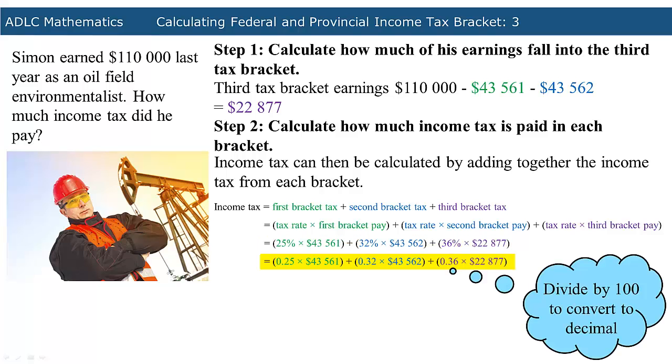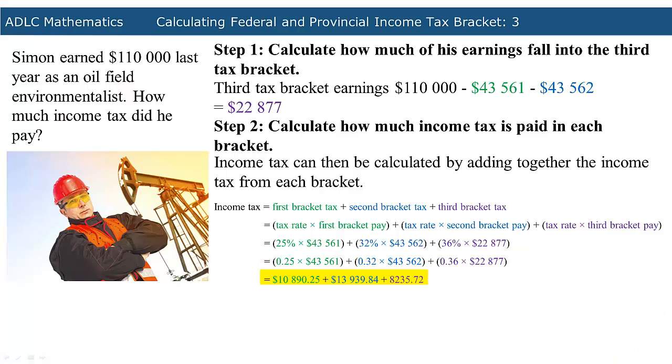Convert the percentages to decimals. Calculate the tax for each bracket by multiplying the tax rate by the pay. The first bracket tax is $10,890.25. The second bracket tax is $13,939.84.